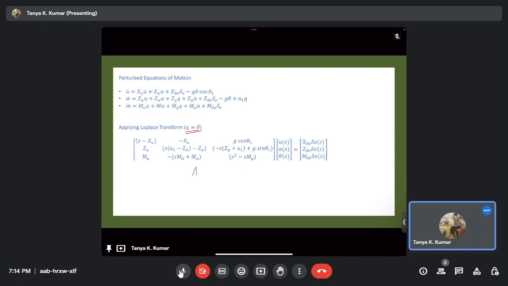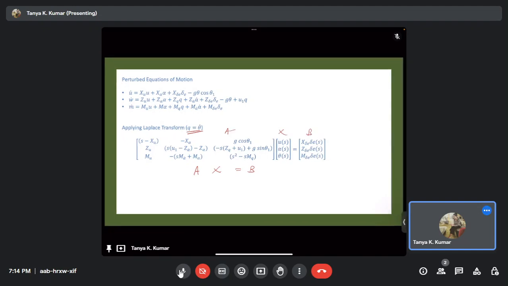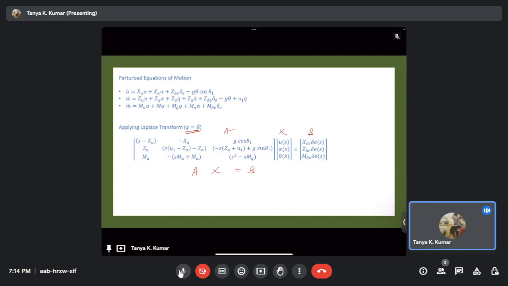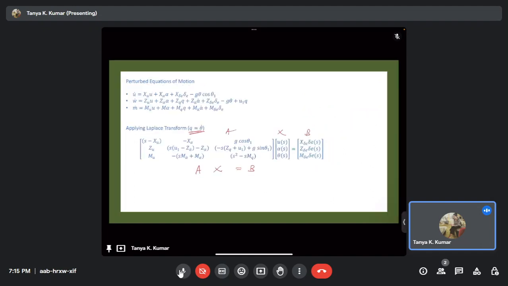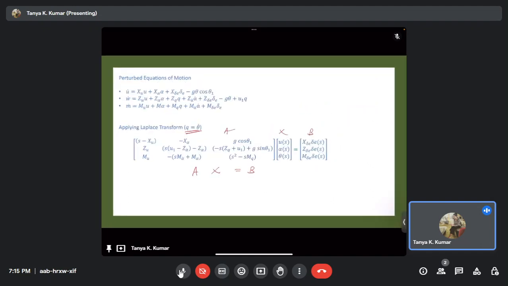So this can be equated to Ax equal to B, right? This is x, this is A, and this is B. And then you can perform your matrix calculations using these notations. Then we had seen, when you solve this, how do you find the characteristic equation of this matrix? This Ax equal to B, how do you find the characteristic equation of A?